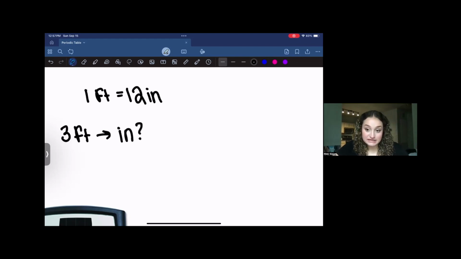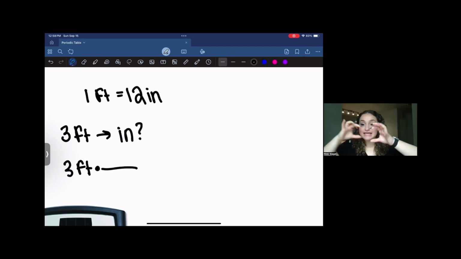We are given feet and our desired units are inches. Whenever you start a dimensional analysis problem, you want to start with what you are given. So we are going to start with 3 feet. And we're going to multiply by our conversion factor. This is what's going to change from problem to problem. Whether feet goes in the denominator or the numerator, same with inches. In this case, whatever you want to cancel goes in the opposite position.